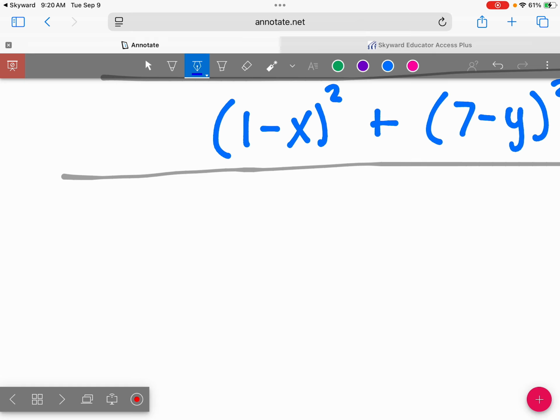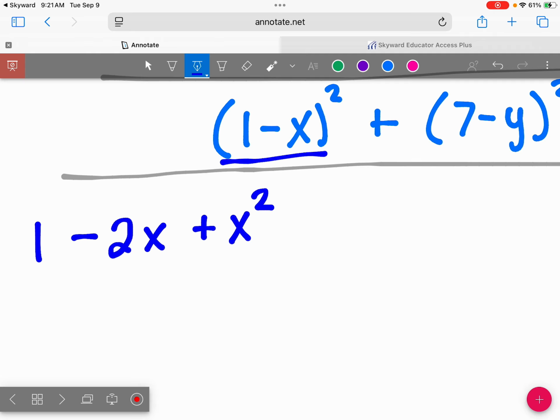My 1 minus x times 1 minus x is going to give us a 1 times 1, minus 1 times x, we have minus 2x, plus x squared, minus x times minus x. That's that guy.